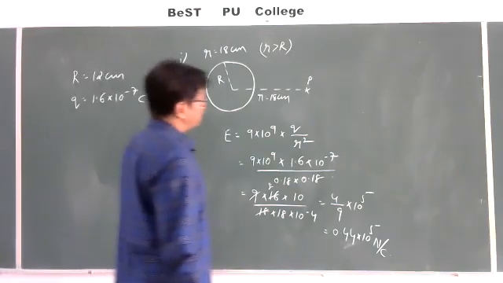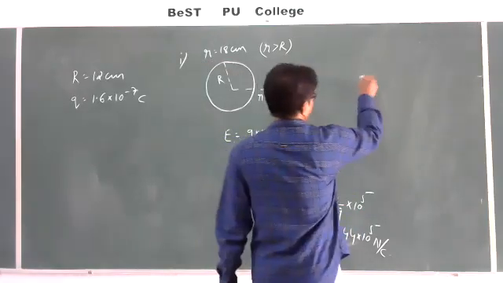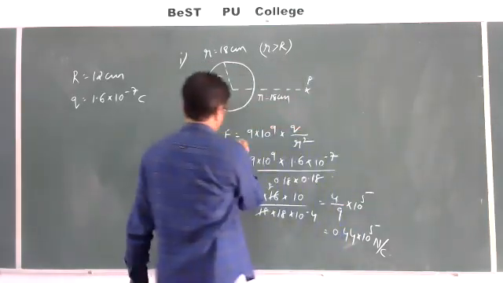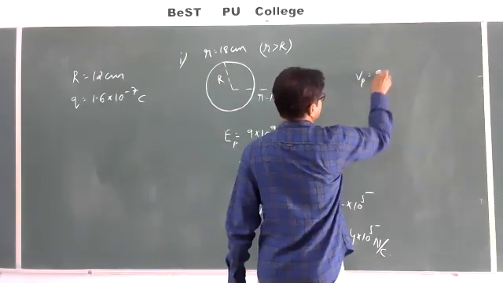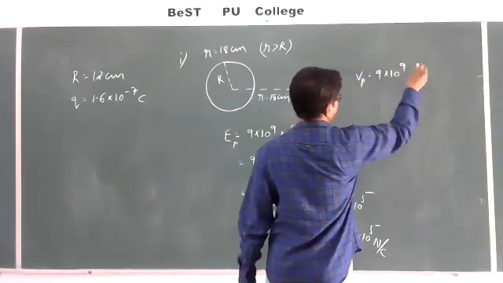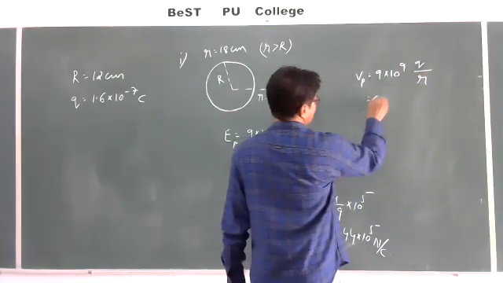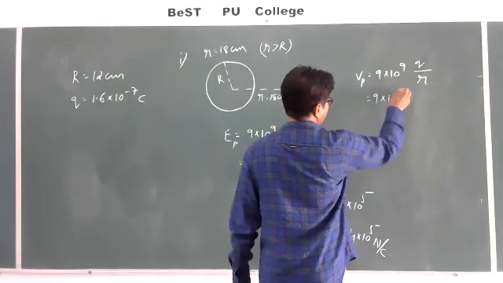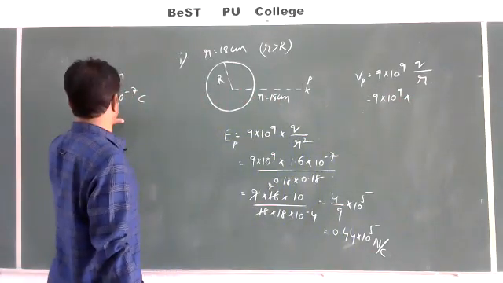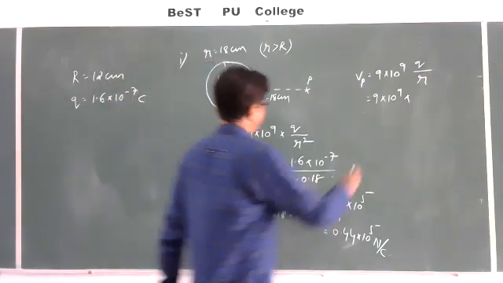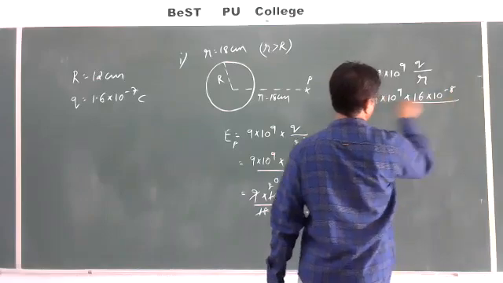Then the electric potential. What is the formula? At the same point, I want to find the electric potential. Vp is equal to 9 into 10 to the power of 9 Q by r. Q value 1.6 into 10 to the power of minus 7, so 16 into 10 to the power of minus 8.